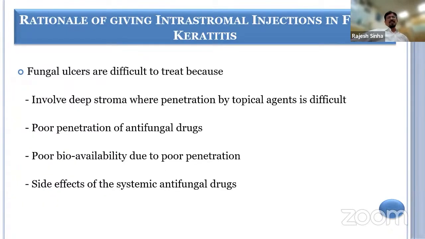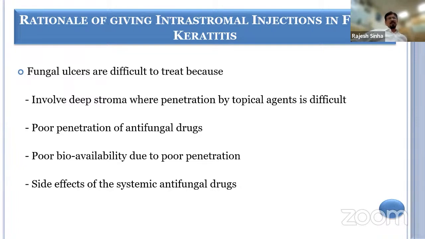As far as the rationale of giving intrastromal injections in fungal ulcer is concerned, the rationale is because these ulcers are difficult to treat. They involve deep stroma where penetration by topical agents is difficult. All the antifungals have poor penetration, although voriconazole is slightly better than others, but still none of these drugs are very good as far as penetration is concerned.